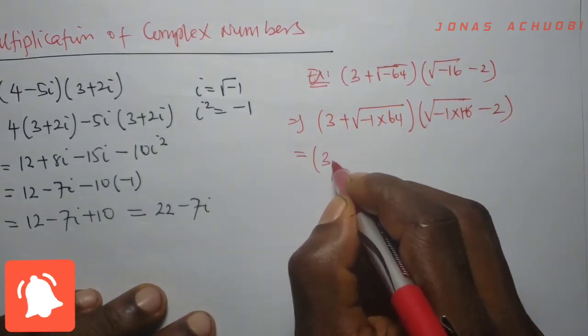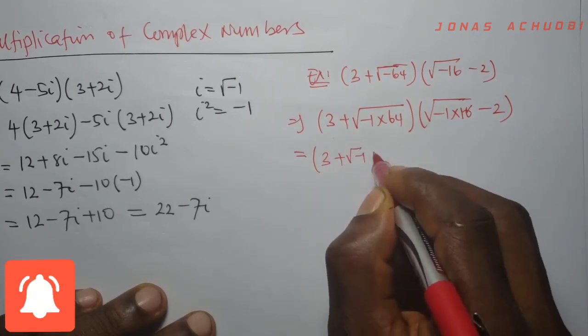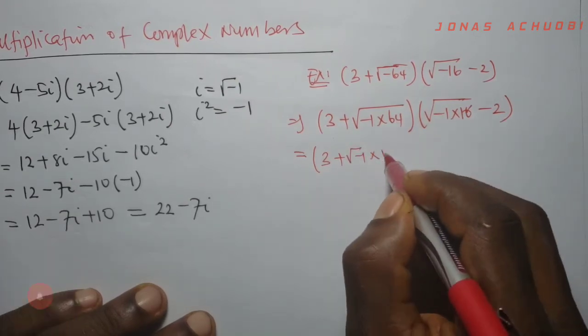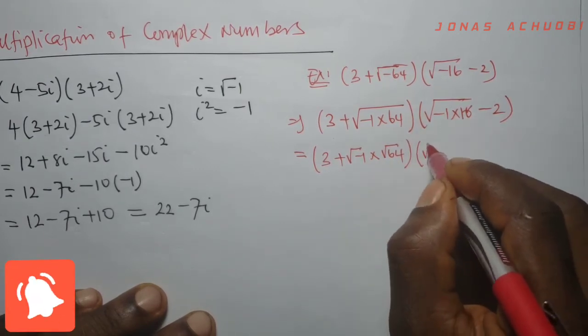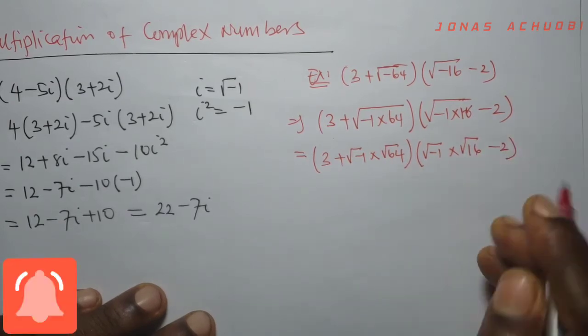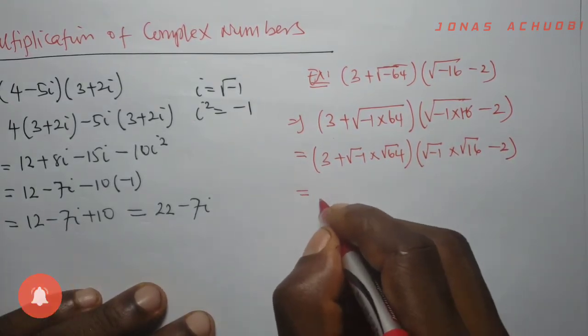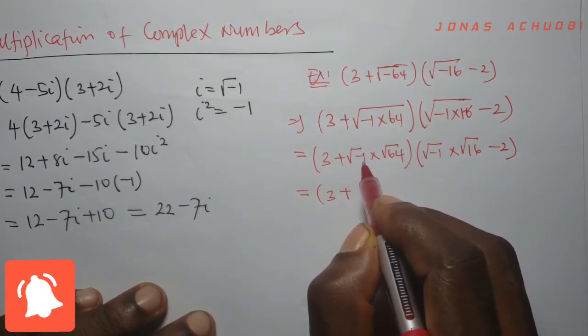This becomes 3 plus, we can split it up as minus 1 times the square root of 64. We can split this one up also as the square root of minus 1 times the square root of 16 minus 2. This becomes 3 plus the square root of minus 1 is i.